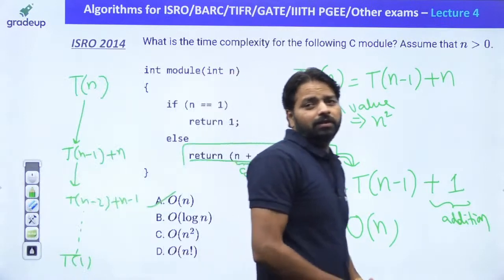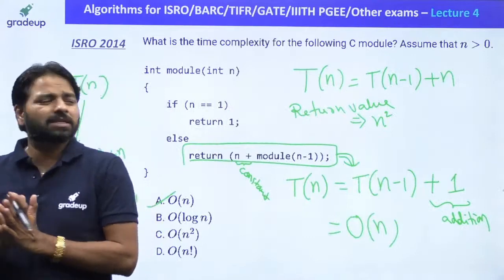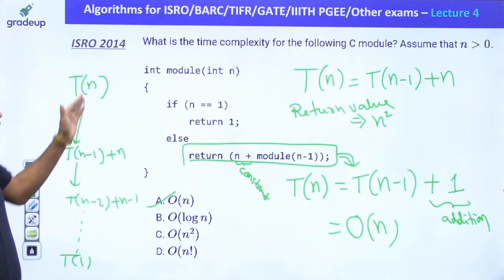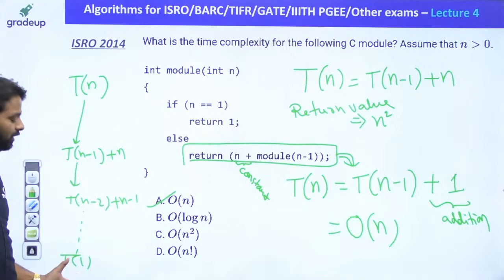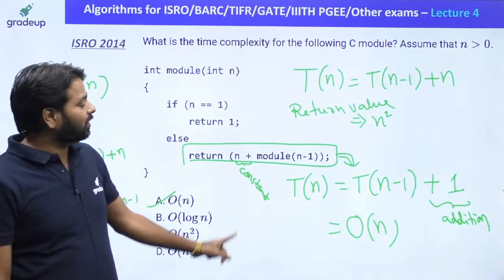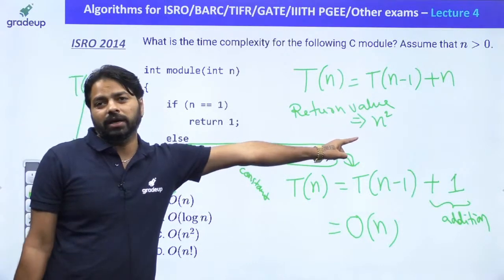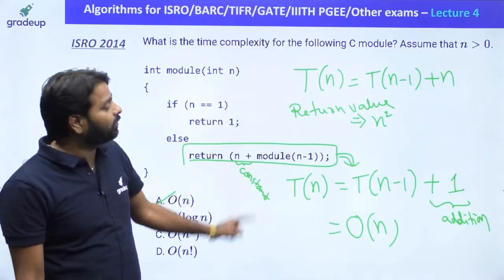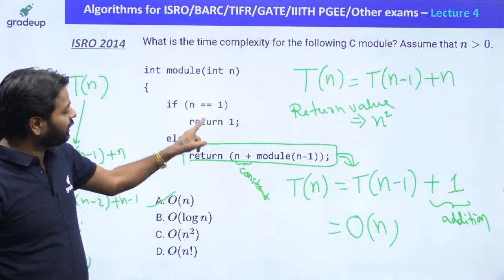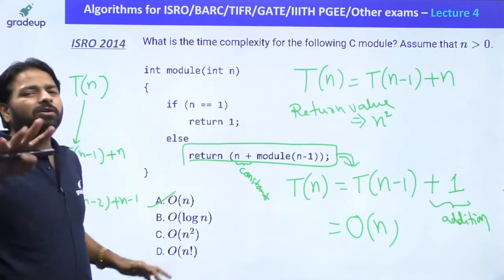Clear, everyone? Yes, you are going to add, but in the return process. Here you call the recursion till you get T of 1, then on return you do the addition. That is order of n. This is only the return value, which depends on n square. The return value is definitely near to n square, but not exactly. It is n plus n minus 1 till 1, that is a sigma, n into n plus 1 by 2.